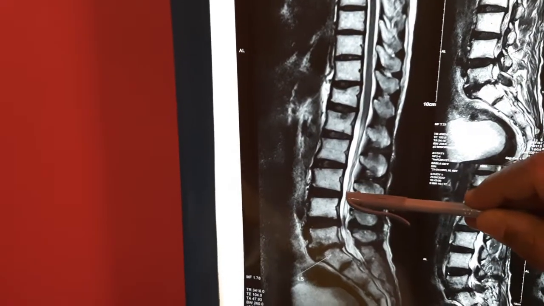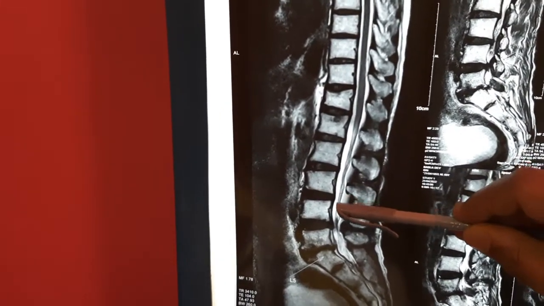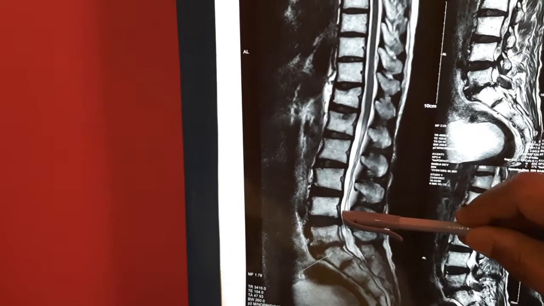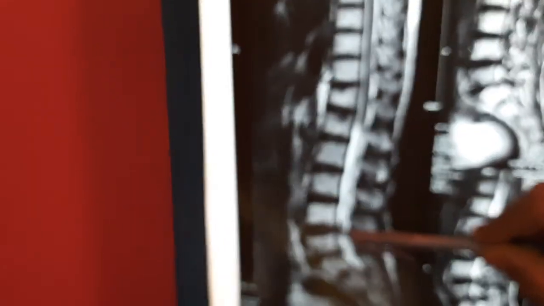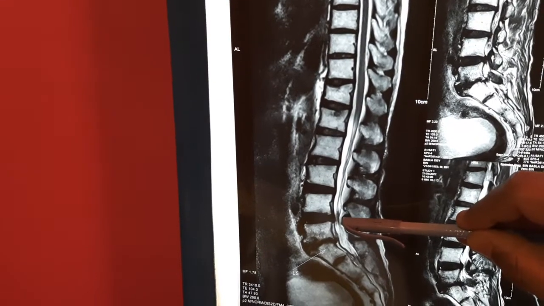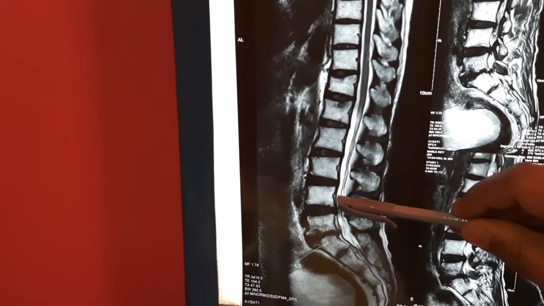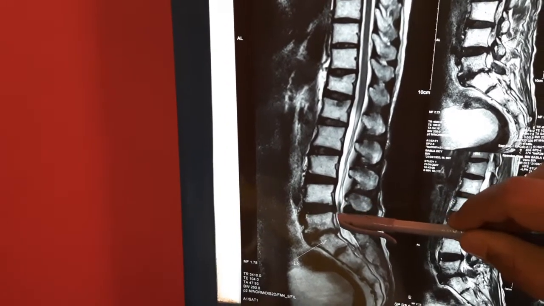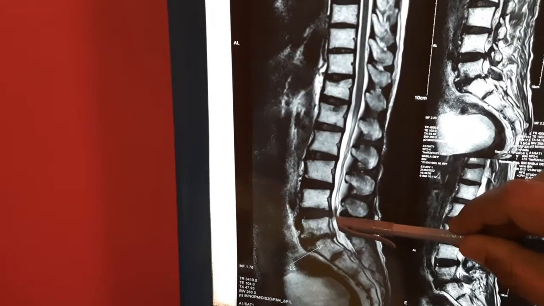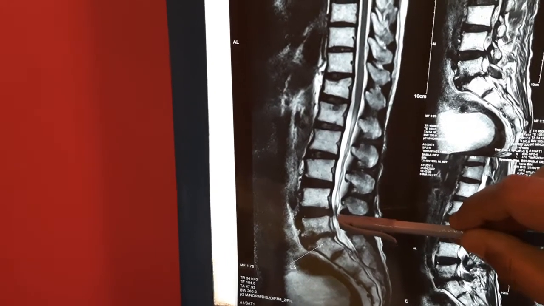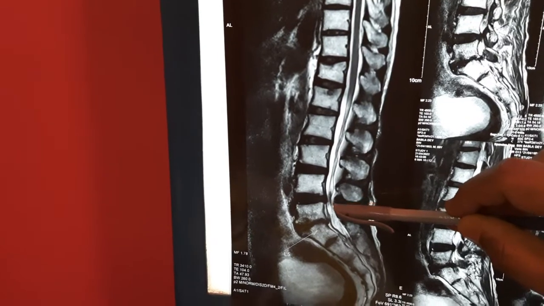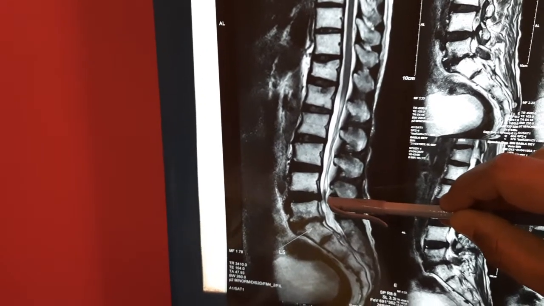See the normal size of the spinal cord and the CSF fluid, but over here you can see how it is getting compressed in this particular region. So he has an L4 L5 disc compression, a chronic disc herniation resulting in spinal cord compression.